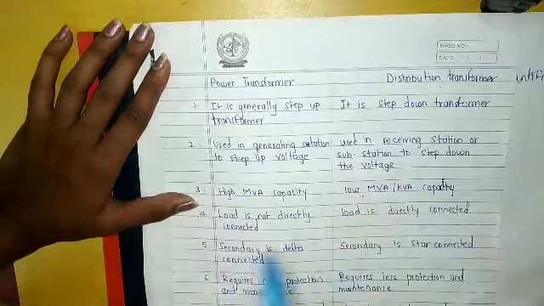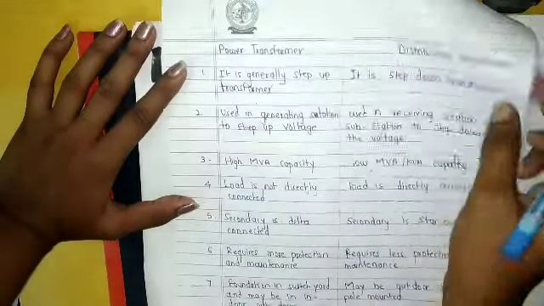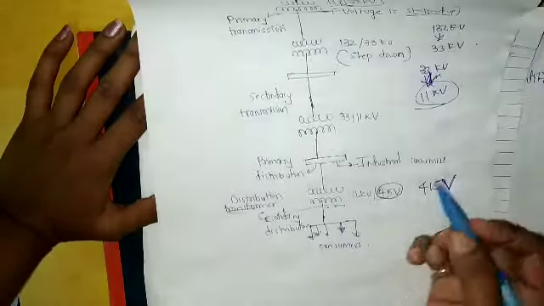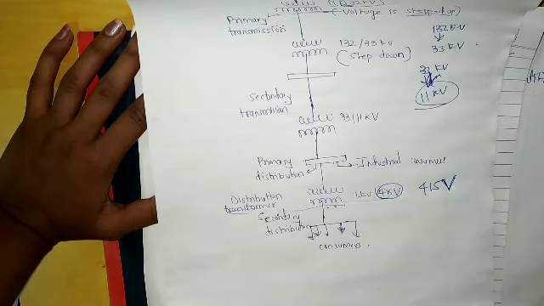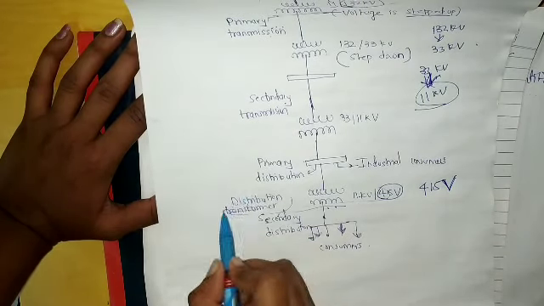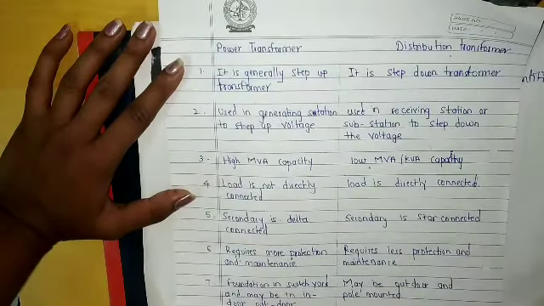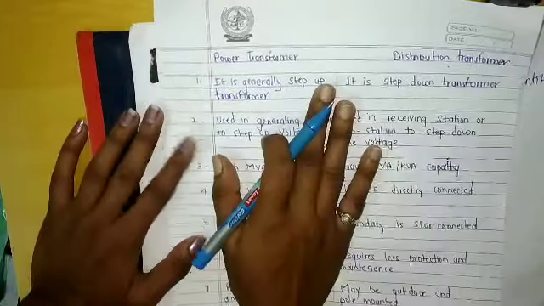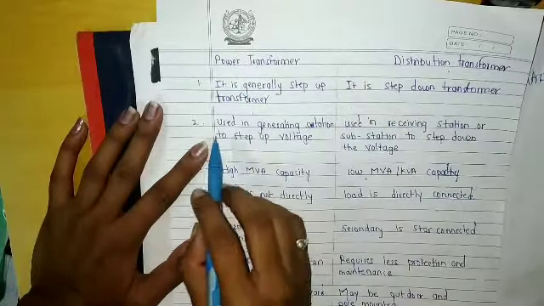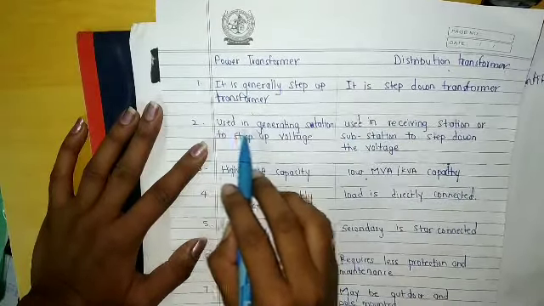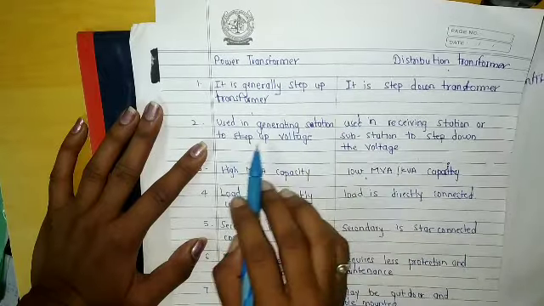Second, as we saw here, we have to reduce or step down the voltage, so distribution transformer is step down. This is not necessary, just remember this. This comparison is important. Second point is it is used in generating stations to step up the voltage.